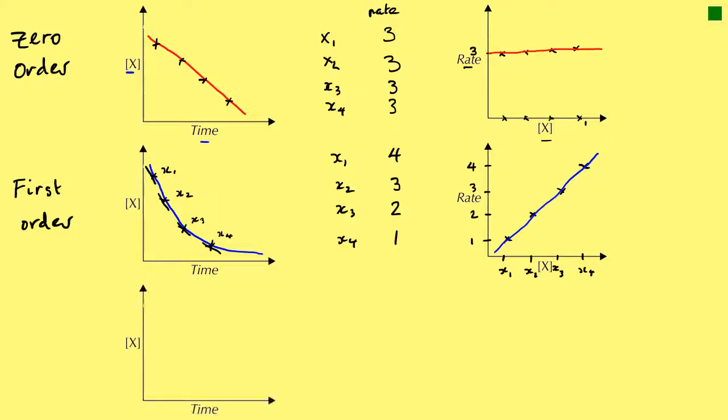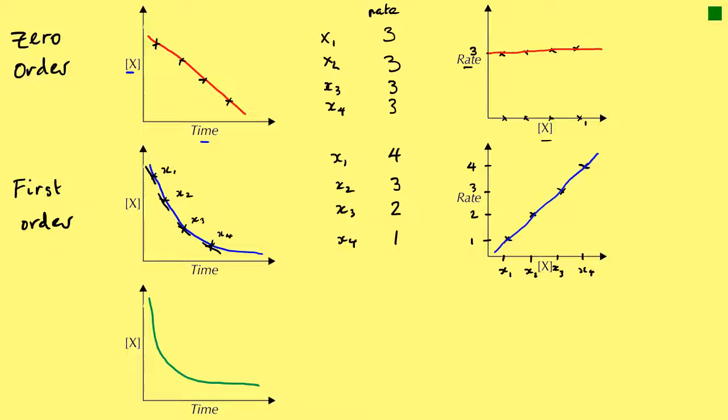And lastly, let's look at the third situation, which might look like this. In the same way, we do our experiment, find our volume given off, convert that into concentration, plot our concentration time graph, and then when we've got our concentration time graph, we're going to take our tangents.